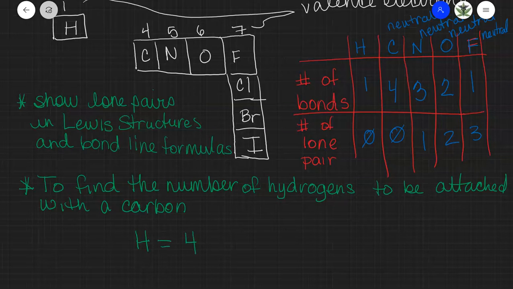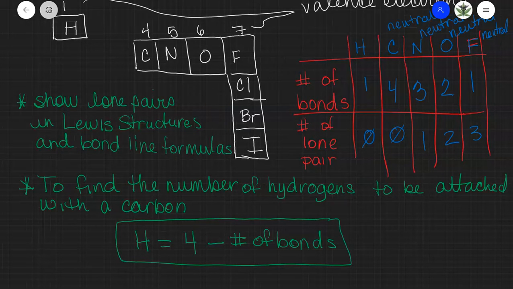Take the tetravalency of carbon and subtract the number of bonds. And that is how you can find how many hydrogens should be attached.